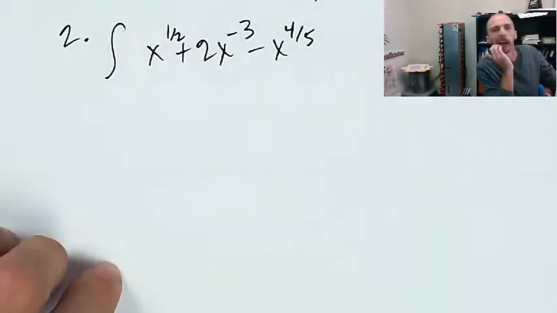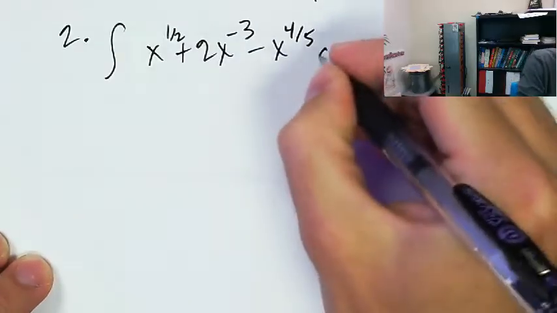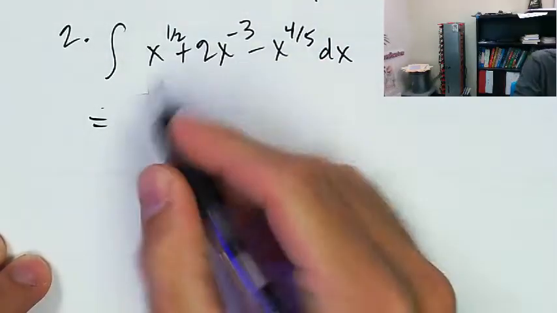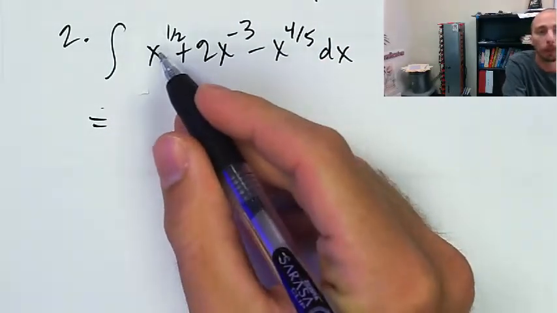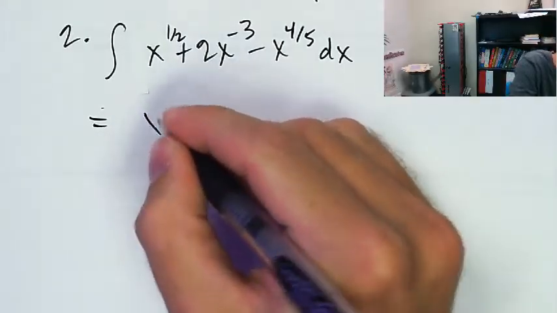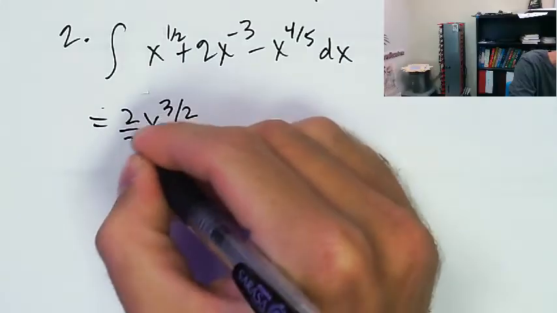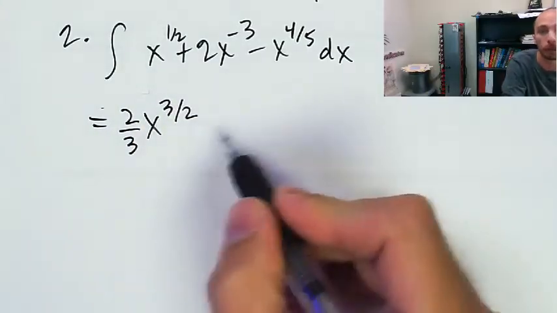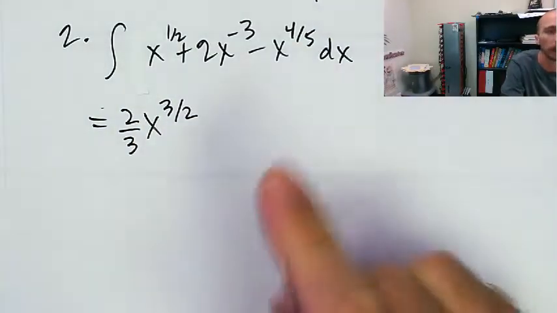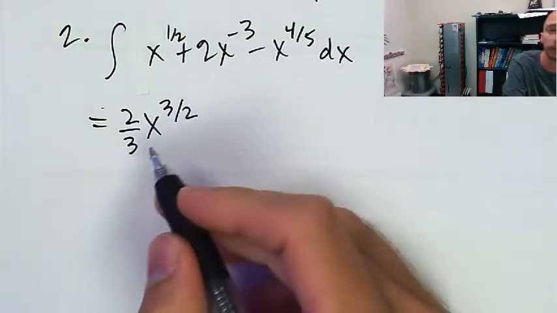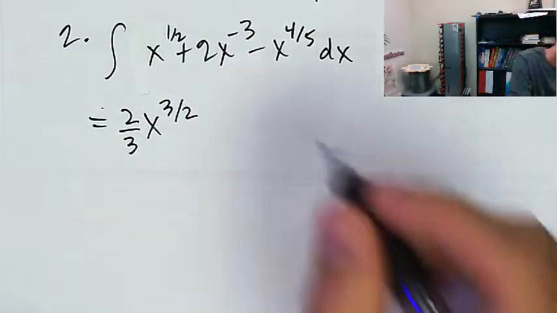So x to the 1/2. Okay, so now with respect to x, that's going to be increase the power by 1: x to the 1.5, divide by 3/2, or you can multiply by 2/3. But if you wanted to put it divided by 3/2, that would be completely fine. If you wanted to call that x to the 1.5 divided by 1.5, I'm cool with that too.